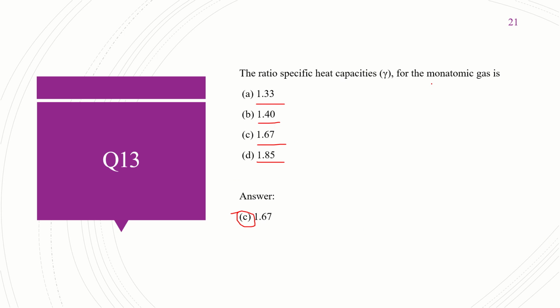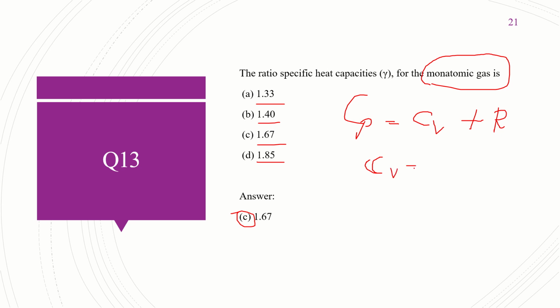How is it? The question is about a monatomic gas. So we know it to be the ratio of Cp by Cv. Cp is nothing but Cv plus R, and Cv is the heat required to raise the temperature of 1 mole of a gas by 1 degree Celsius.